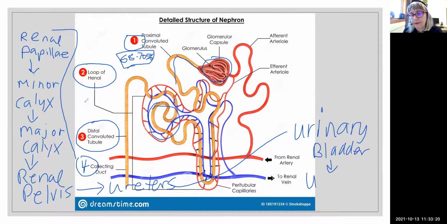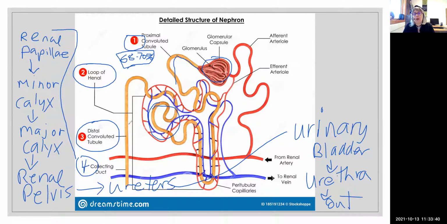To the urethra. And out. Okay, so that is that. So I do hope that you understand both the blood flow as well as how the filtrate is formed, how urine is formed, and the path of urine.